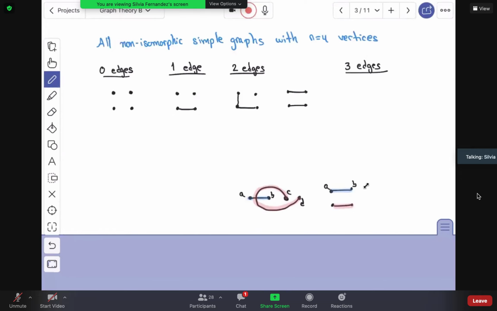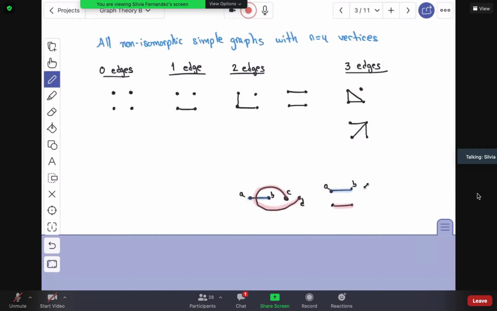I can have one like this. I can have one like that. A vertex of degree 3. I can have a vertex of degree 3, and that's the only way that I can do it.